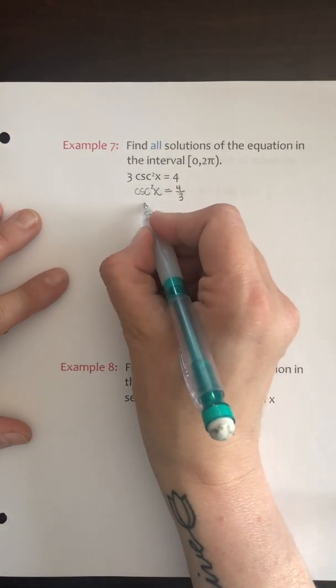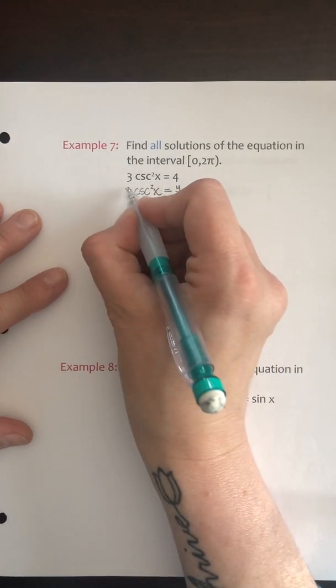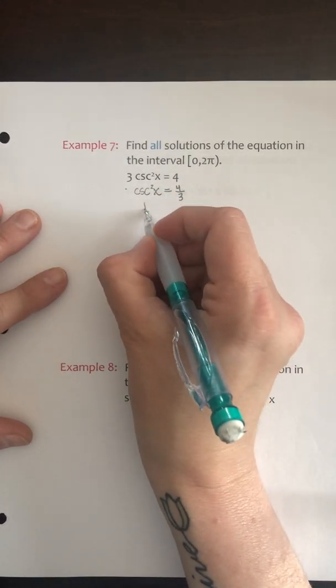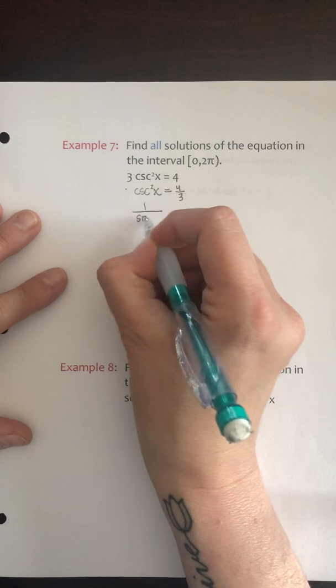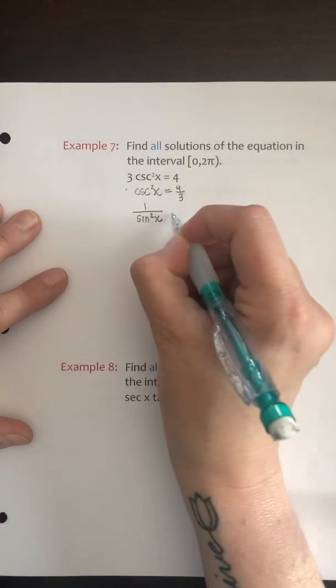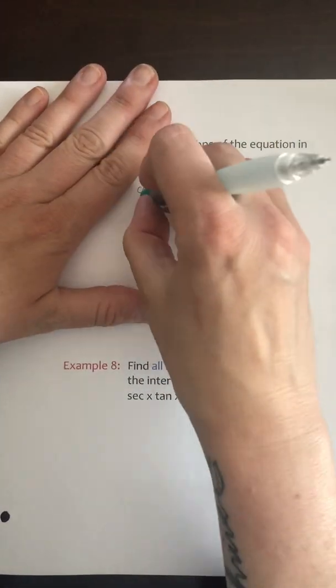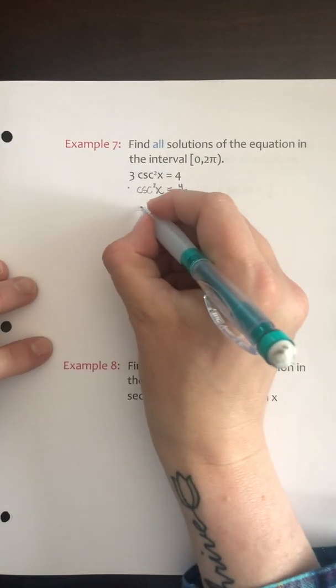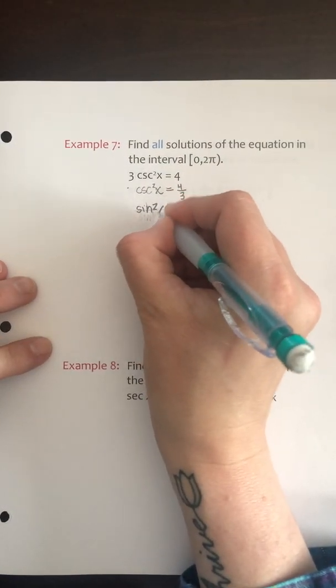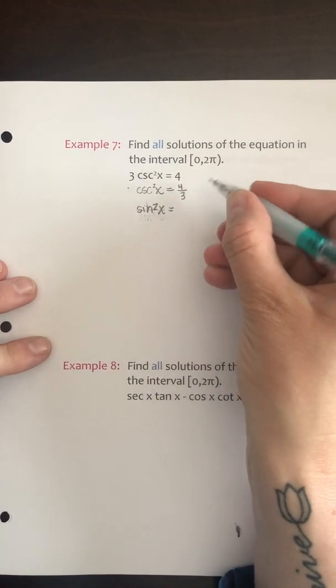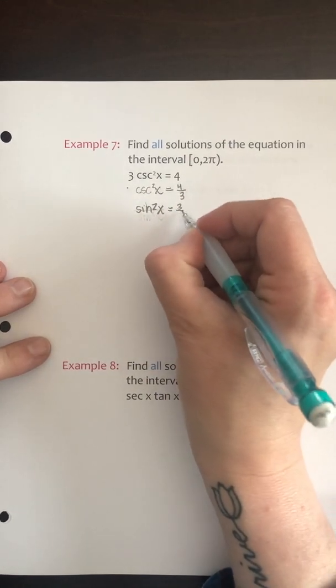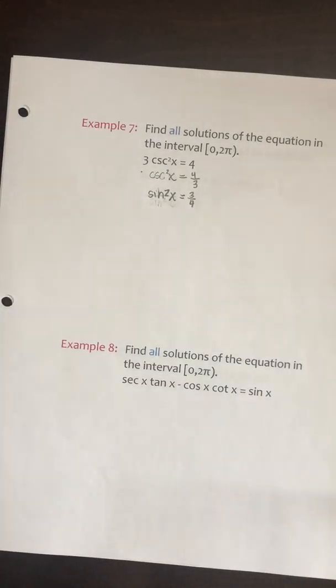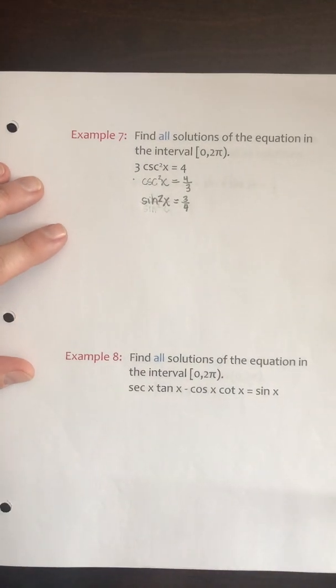So I'm going to turn this into 1 over sine squared x. Oh, you know what would be easier, y'all? Miss Wingard needs to use her brain. If you turn this into sine squared x, then we'll take the 4/3 and change it into the reciprocal. Duh, because they're reciprocals of one another. That looks so much nicer, doesn't it?